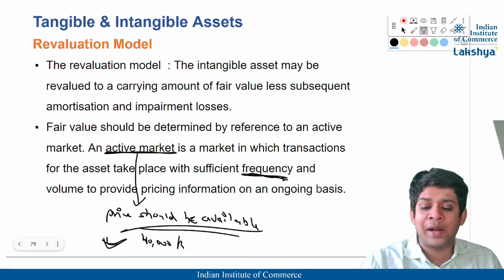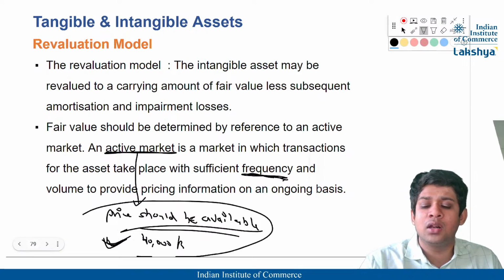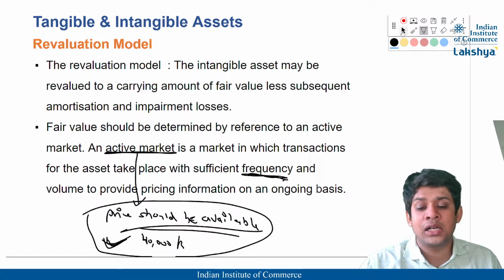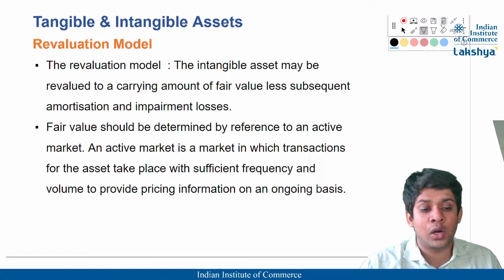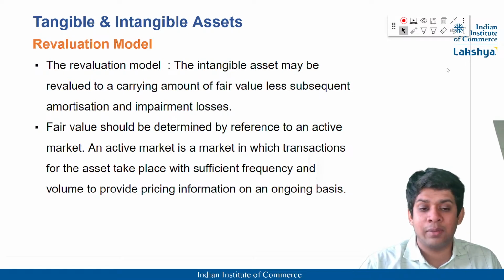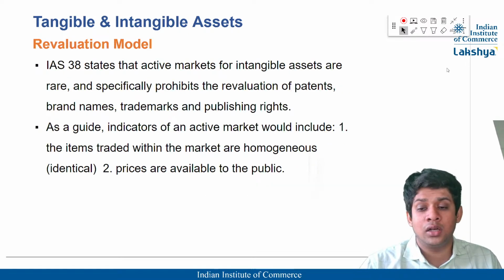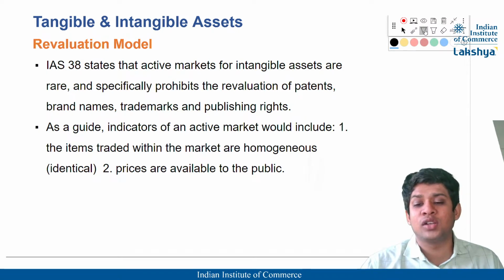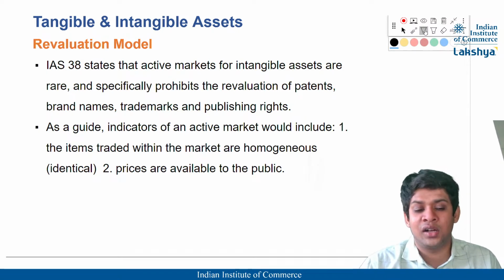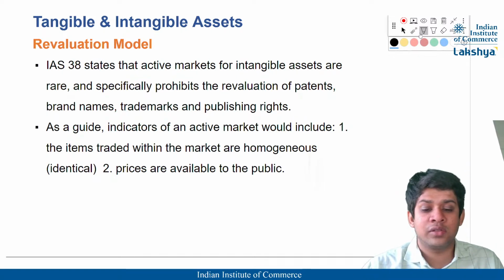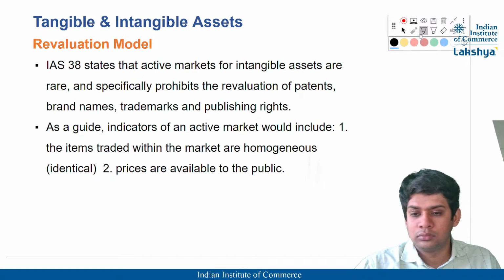So these prices should be available to all the market participants in order to consider that yes, this price is out in the market. And recently an iPhone 13 was sold for a similar price, so you can consider the market value of that iPhone 13 at that value. I've given you an example of a tangible asset because for most intangible assets you cannot identify the market value that easily, which is the reason why most of them use the cost model.